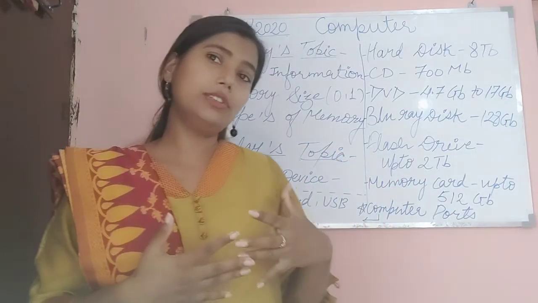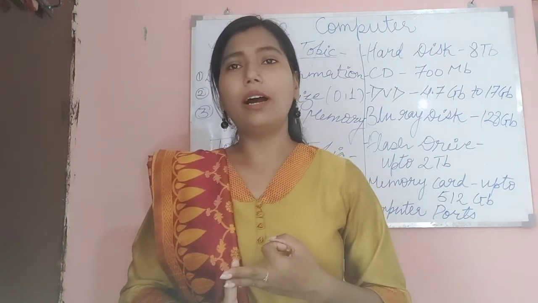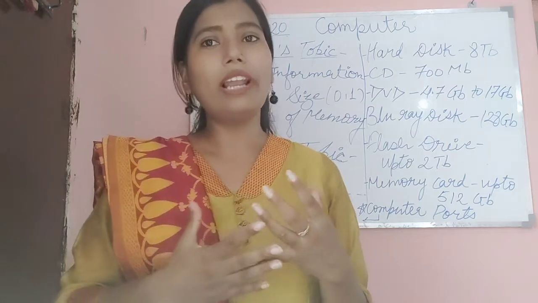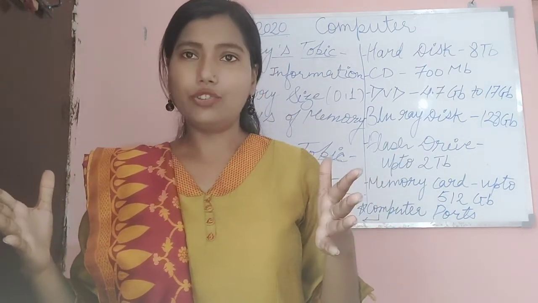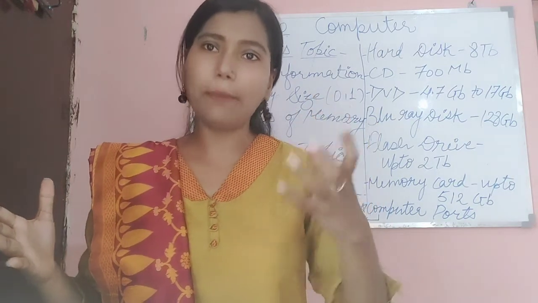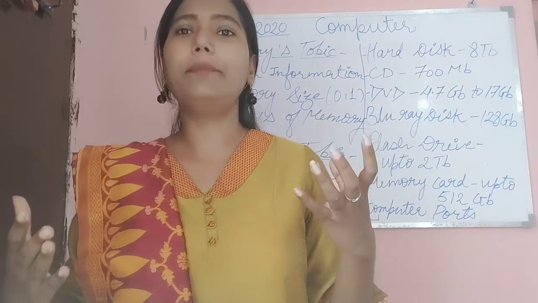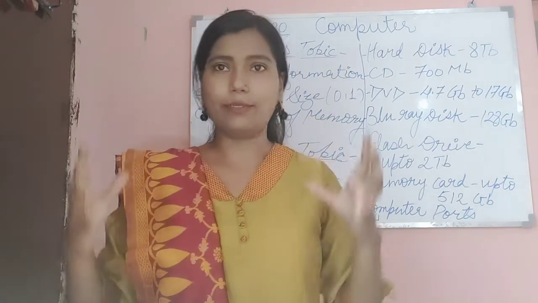And if you look at the CD, DVD, and Blu-ray disk, by the physical nature, they are all alike. They have the same shape and size, because all have the diameter of 4.7 inches. So all are the same in diameter, and in size also, all are the same.